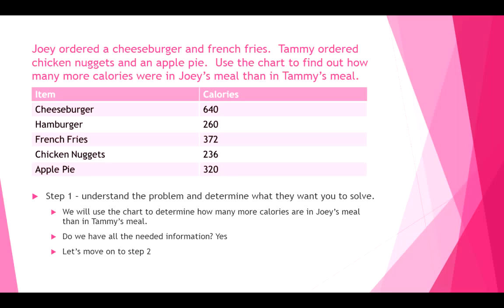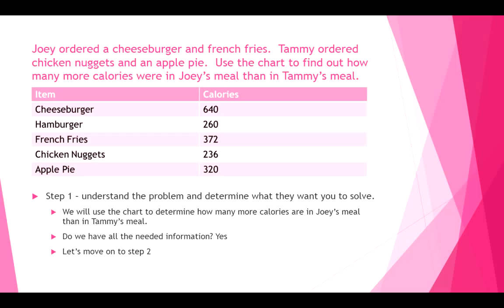So, we know we are needing to use the chart to find out how many calories there were in Joey's meal, and we need to figure out how many calories there were in Tammy's meal, and then we need to figure out how many more Joey had. Does this chart give us all the information that we need to solve this problem? Yes. So now we know what they're wanting us to do. Now we know we have all the information.